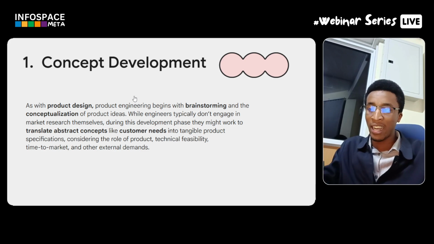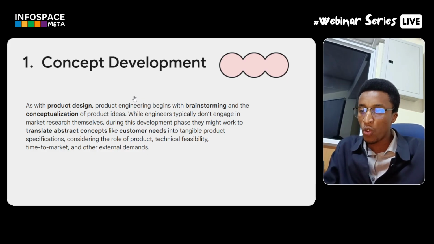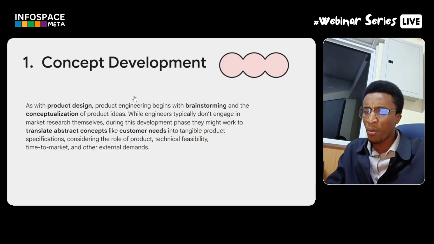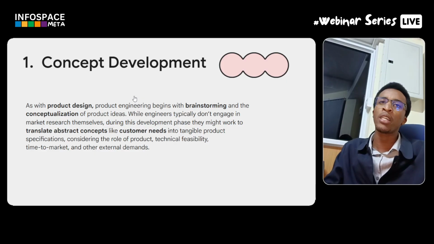So you need to take the customer's needs from your abstract concepts and translate them to specifications that are tangible, that you're going to work on. You have to consider the role of the product, technical feasibility, time to market, and other external demands. So that's where the concept development comes in.